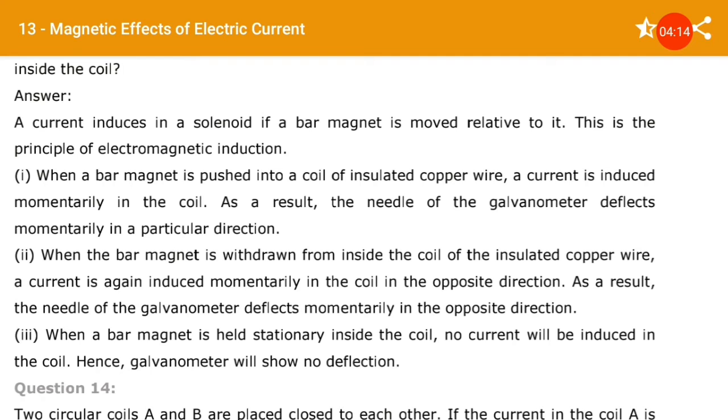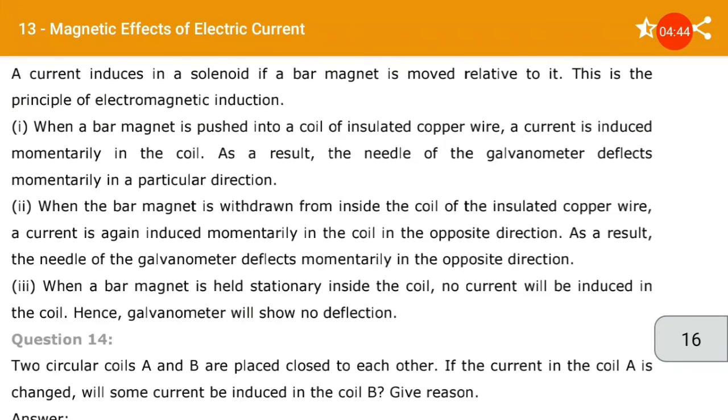First case, when a bar magnet is pushed into a coil of insulated copper wire, a current is induced momentarily in the coil. As a result, the needle of the galvanometer deflects momentarily in a particular direction. Second case, when the bar magnet is withdrawn from inside the coil, a current is again induced momentarily in the coil in the opposite direction.